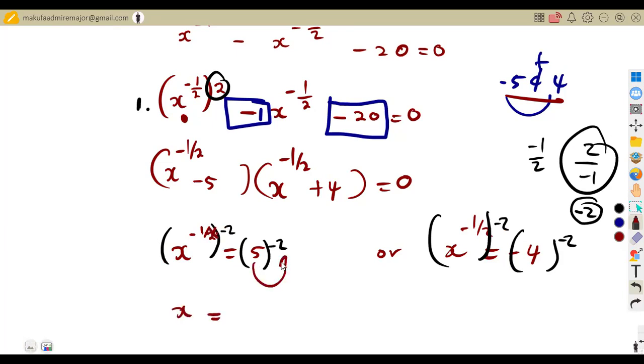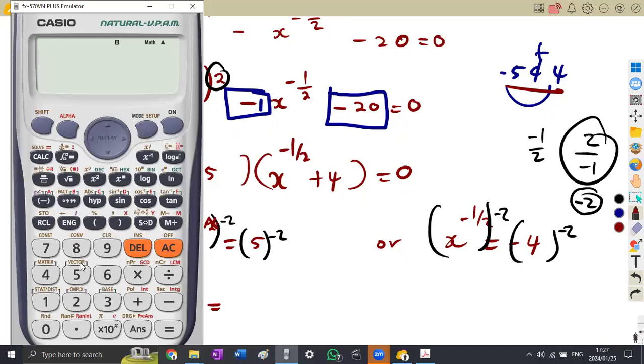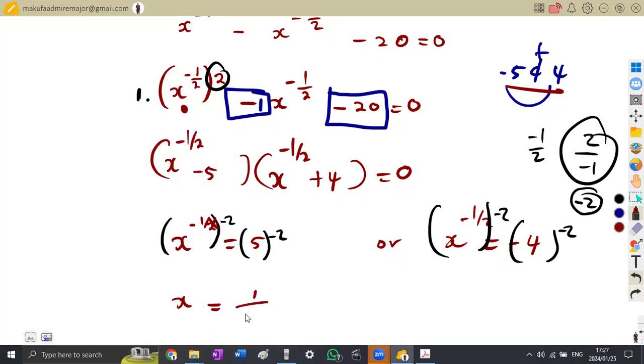So that's 5 to the exponent of -2. The last stage, guys, you can even use your calculator there. Let us see what you're going to have. But that will be 1 over 25, isn't it? Yeah, 1 over 25 there. 5 to the exponent of a -2, like that. So we've got 1 over 25, or x is equal to, this cancels.